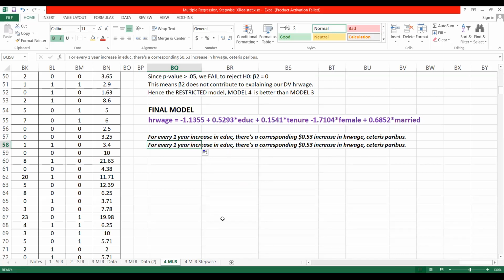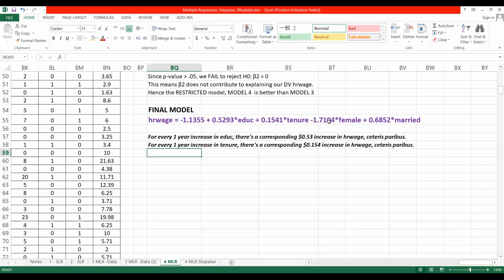For every 1 year increase in tenure, si tenure kasi yearly din, no? There's a corresponding effect, 0.15154. Increase din, no? Increase in hourly wage. Increase din siya kasi positive siya. Okay?